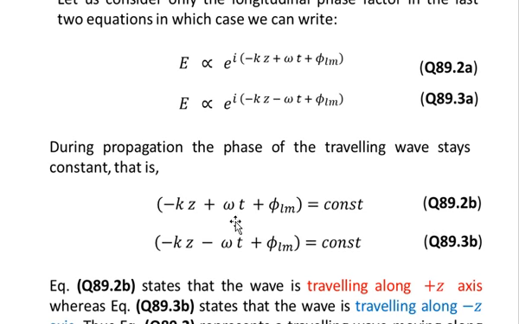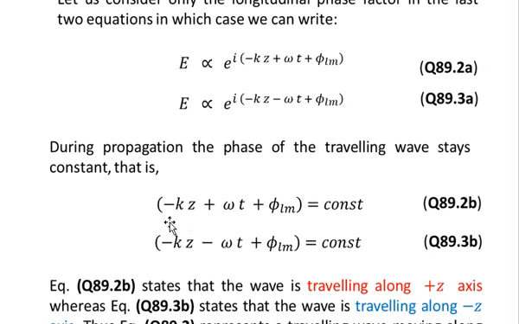In equation number 2b, you see that there is a plus sign with omega t. So when time passes, what will happen? This term omega t will increase with time. But in order to keep the term in the parenthesis constant, this term, minus kz, should decrease.